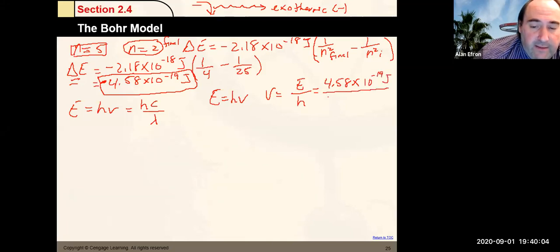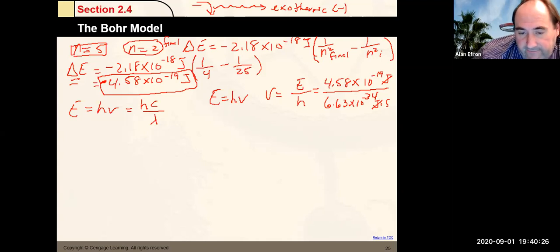We're going to divide it by Planck's constant, which is that 6.63 times 10 to the minus 34 joule seconds.